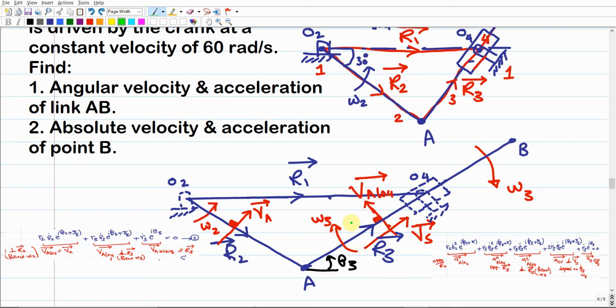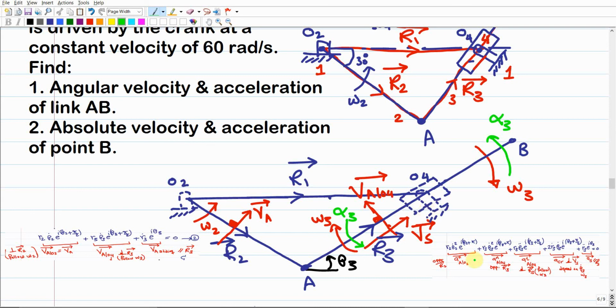So if omega 3 goes in this direction, alpha 3 should go down. It means that we have deceleration, not acceleration. The velocity of this link is going to decrease as we push up in this direction. Anyway, this is the alpha 3 direction.